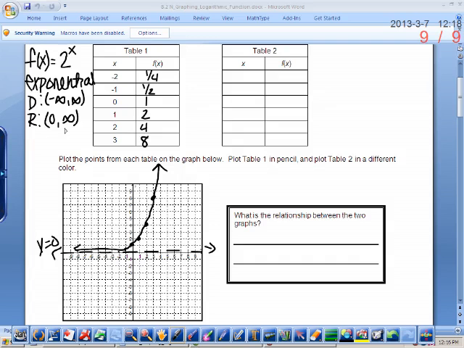What I want you to do in table 2 is I want you to find the inverse of those points. How do we do that? Yeah, just flip the x and the y. All right, so we're going to flip the x and the y.